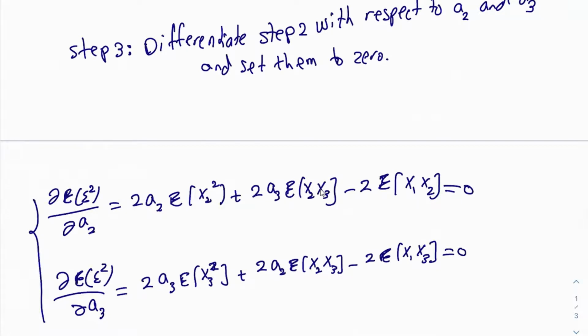Okay, now we have a system of equations, two equations, two unknowns, right? a2 and a3 are our unknowns, and we have two equations.